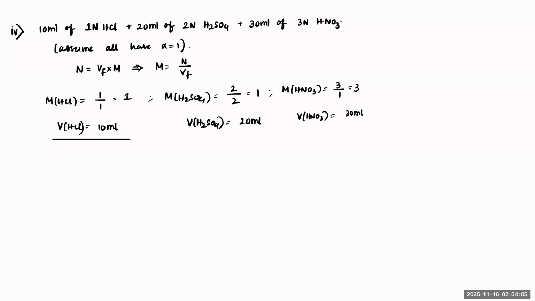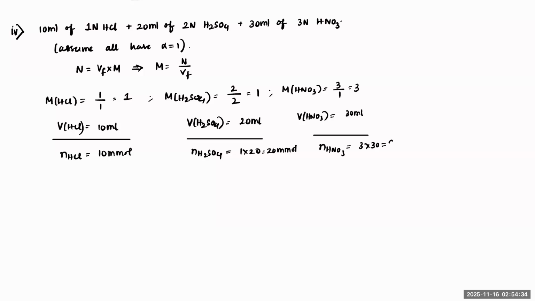So number of moles of HCl will be 10 millimoles, number of moles of H2SO4 will be 1 into 20, which is 20 millimoles, and number of moles of HNO3 will be 3 into 30, which is 90 millimoles.